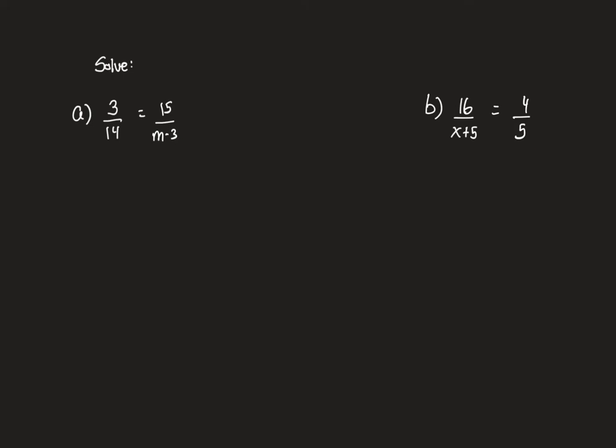So when we're starting off with our normal steps, which remember our first step should be cross multiplication, you're going to have 3 multiplied by m minus 3. Notice I put the bracket. I put the bracket because I want to remember this 3 has to multiply both the m and the minus 3. It will have to distribute. And that's equal to 14 times 15.